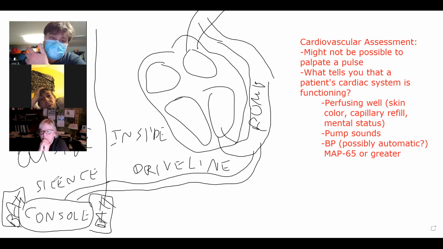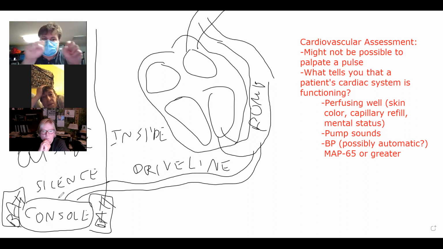The other things that can go wrong with a pump, other than the pump sometimes having that low flow state, is the pump can stop working. We already talked about how most of the time it's the battery, and you just need to correct that issue of electricity. Another thing that can happen is the connections can come loose, like the drive line where it goes into the console.